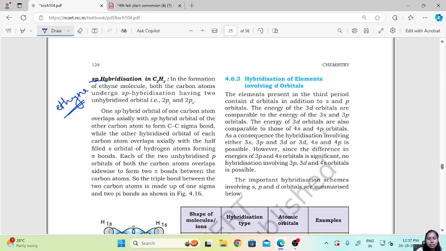In simple words, you can have sp-d hybridization or d-sp hybridization. In sp-d hybridization, it is 3s, 3p and 3d orbitals which are involved. In d-sp hybridization, it is 3d, 4s and 4p orbitals which are involved.